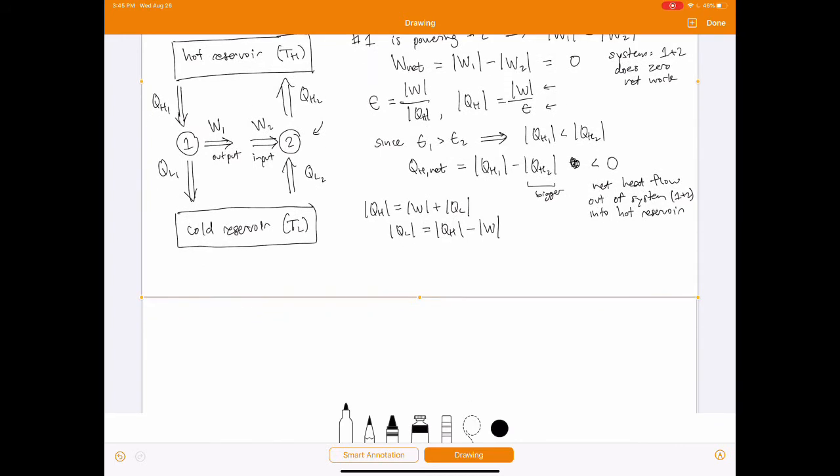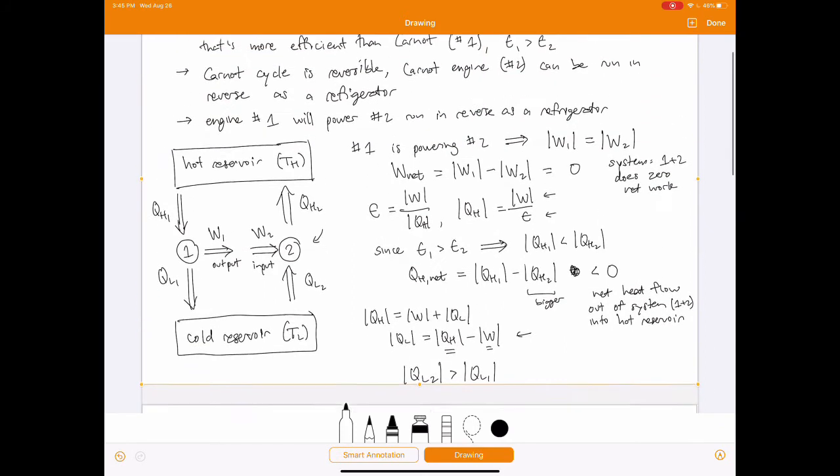We established that W is the same for these two, but QH is bigger for the second one. So if you look at this formula, if QH is bigger, but W is the same, then QL is also going to be bigger for number 2. So QL2 is going to be bigger than QL1. Okay?